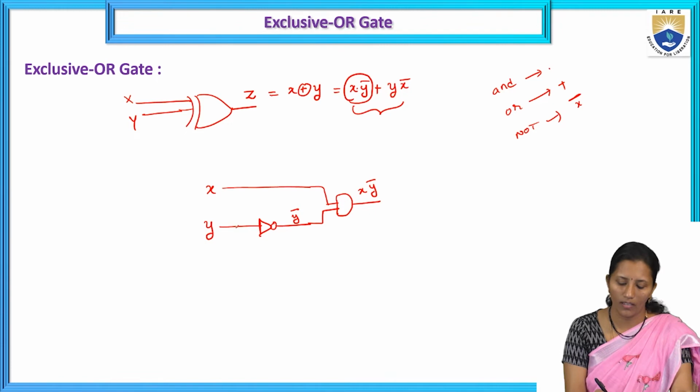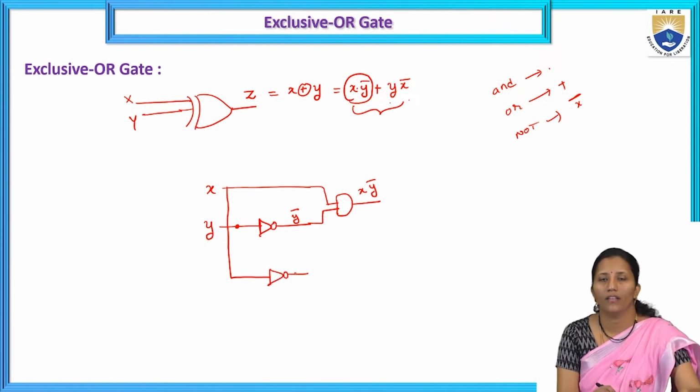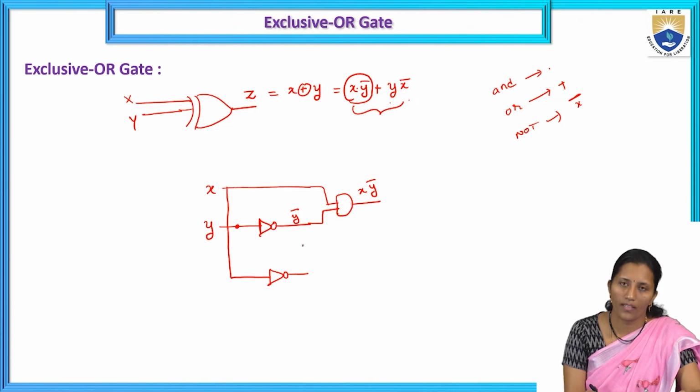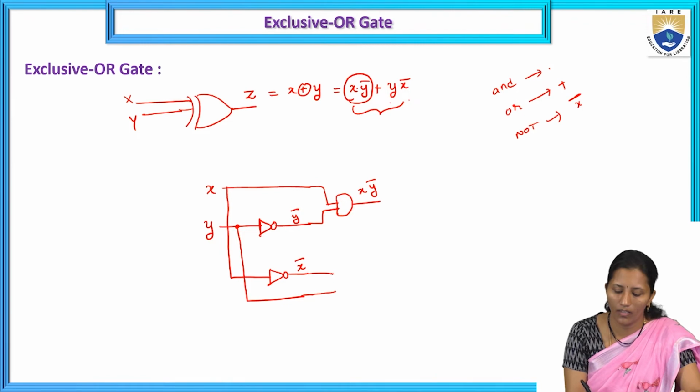The next function is Y into X bar. To get X bar, the inversion of X, we give X to the NOT gate. So we get X bar and Y, and both are given to the AND gate.